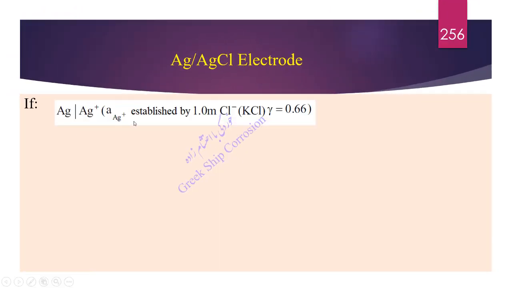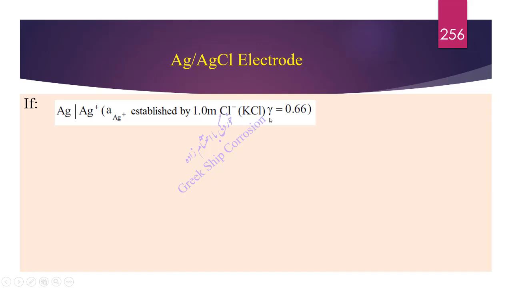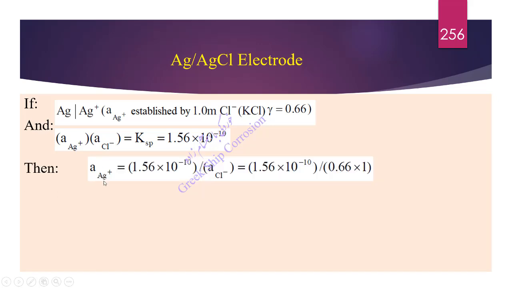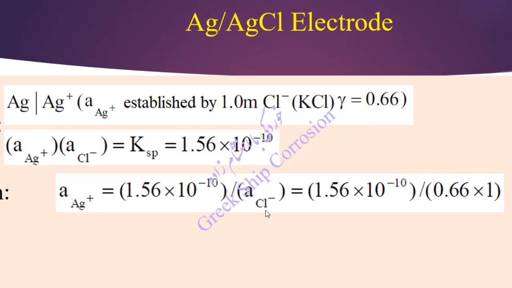If the silver cation's activity is established by 1 molar chloride concentration in potassium chloride solution, the activity coefficient equals 0.66, and the solubility product constant of silver chloride equals 1.56 times 10 to the negative 10, then the activity of silver cation equals 1.56 times 10 to the negative 10 divided by the activity of chloride anion, which equals 1.56 times 10 to the negative 10 divided by 0.66.